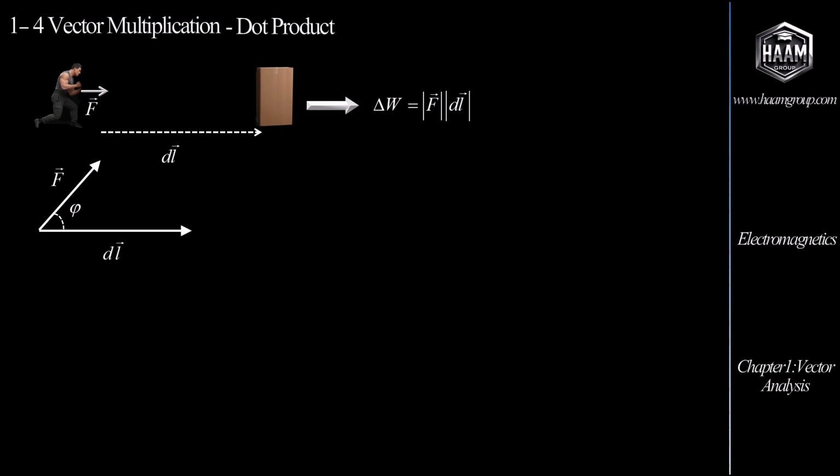In this case, the work is obtained from the component of the force that lies along the direction of the displacement, or the component of the displacement along the direction of the force. So in this case, we must project the force onto the displacement and obtain its tangential component.